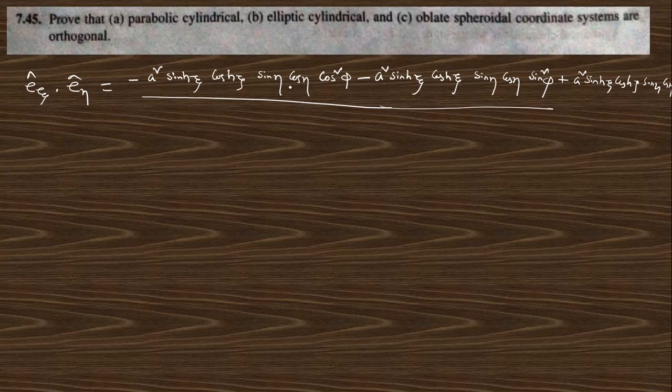Okay, you can see if you take common for the first two terms, you will get cos square phi plus sin square phi, which is 1. So this is minus and this is plus, so this gives you 0.